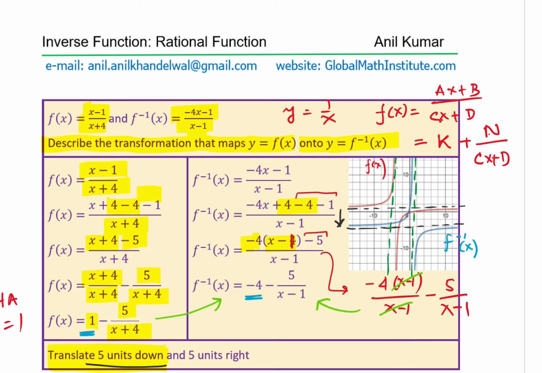Do you see that? So that is the transformation from minus 4 to 1, and that is 5 units to the right. 5 units to the right.